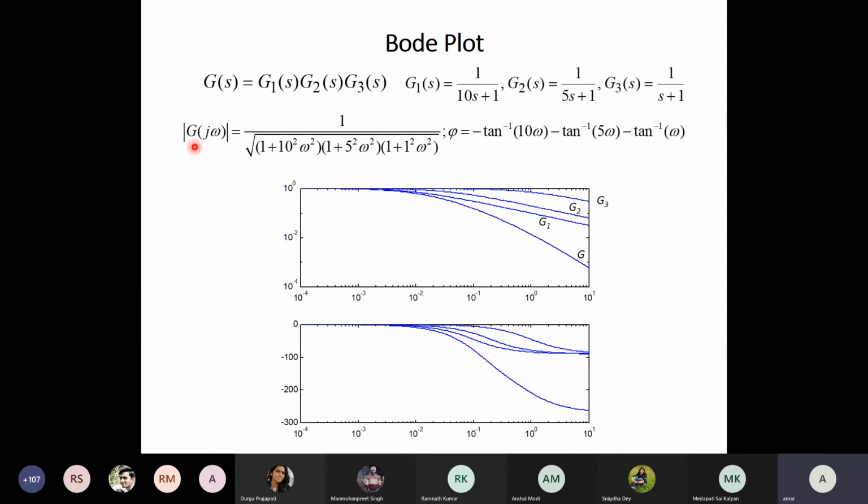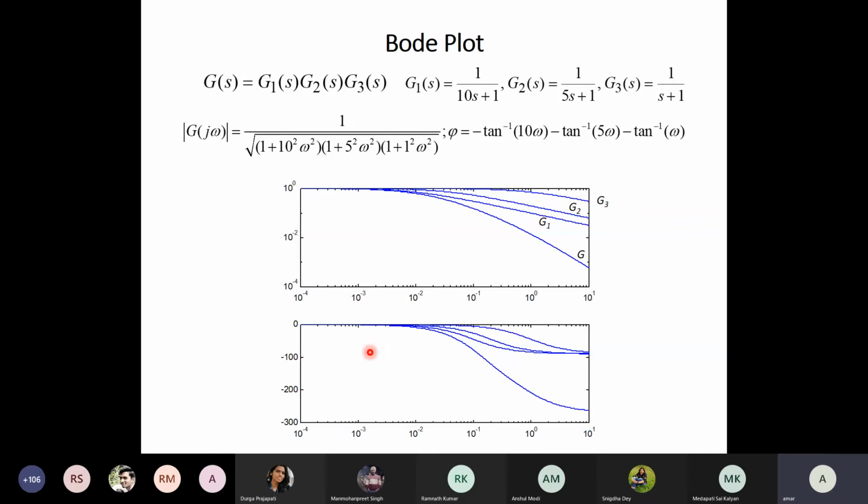Similarly, the phase difference, I will get as the addition of the phase differences of all the 3 systems. So in the Bode plot, I will get this for G1, this one for G2, and for G3, and the product of these gives the final G.